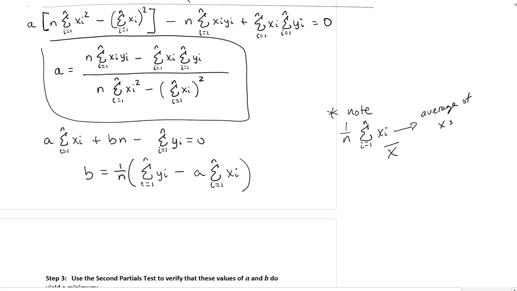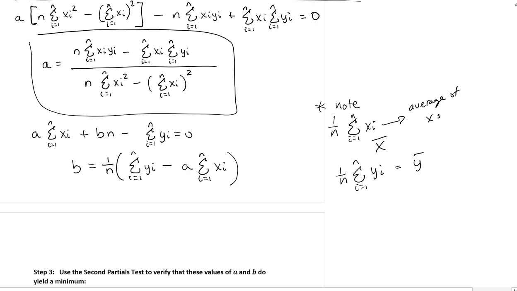We're going to call that x bar. That is the average of the x-coordinates. Similarly, 1 over n times the sum of the y-coordinates is going to be our average of the y-coordinates, which we're going to represent as y bar. So you'll note here that we can actually represent b as y bar minus a times x bar. Nice little way to represent that.